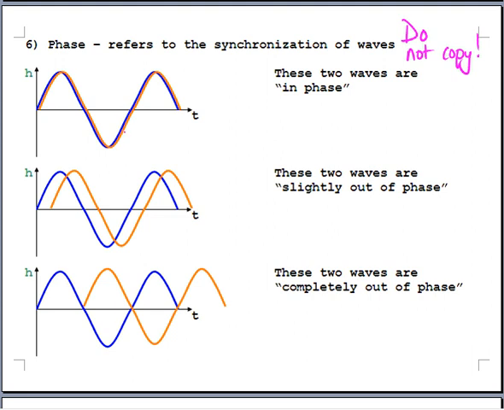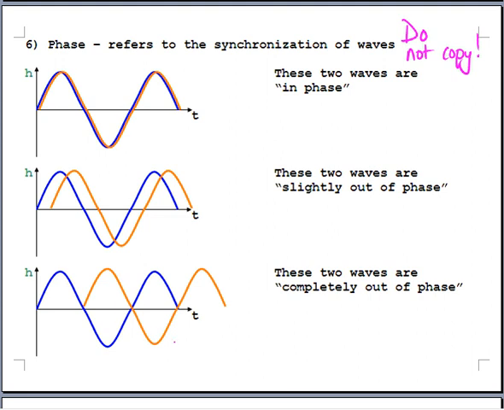If one of these waves is traveling a little bit faster, like maybe the orange one's a little bit quicker and it starts to pull ahead, now we've got these waves that are kind of in phase but kind of out of phase, where the crests sort of match up but not perfectly, and the troughs sort of match up but not perfectly.